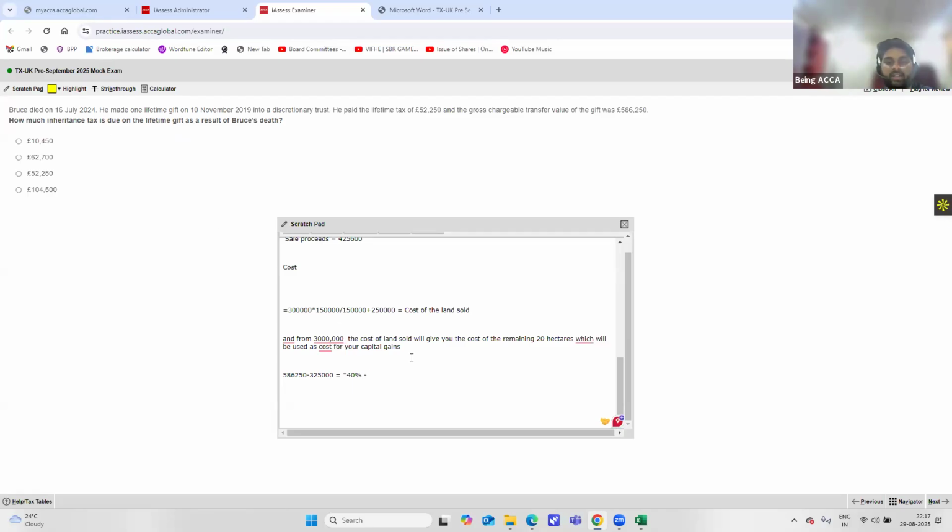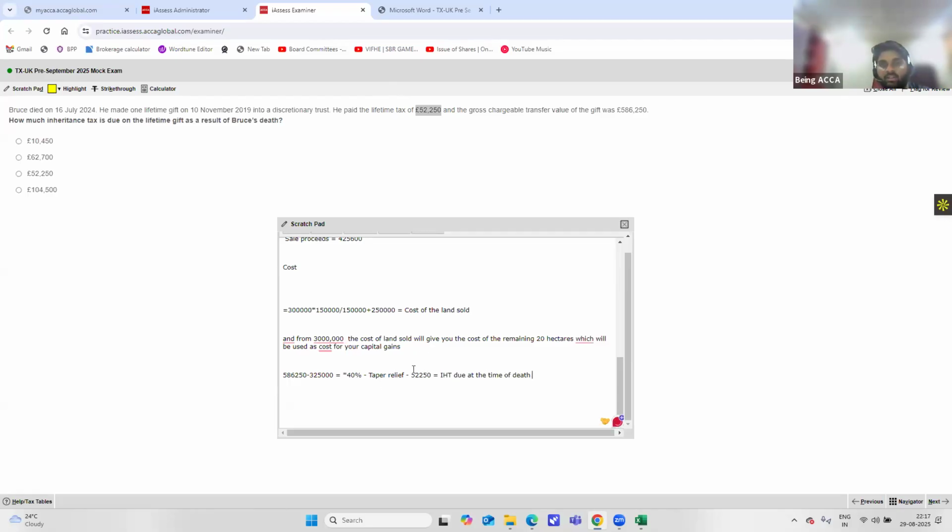That taper relief should be deducted, and also the most important point to remember over here is that 52,250 should be deducted in order to get your lifetime IHT due at the time of death.